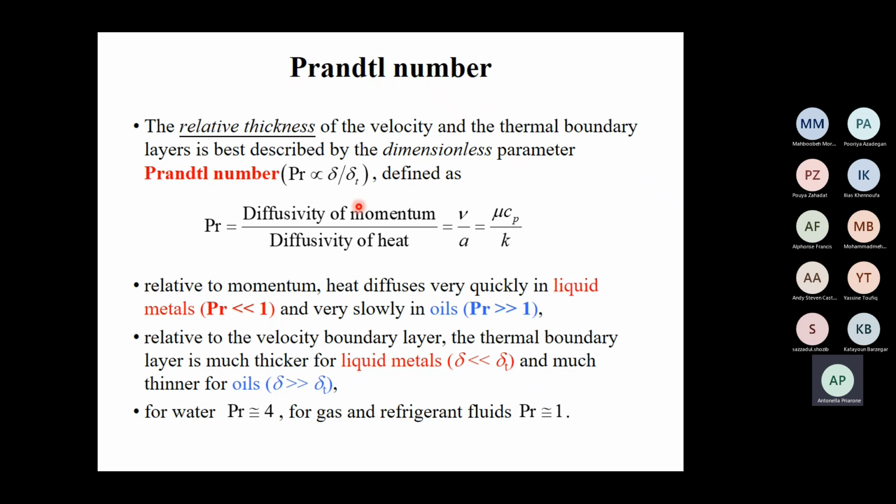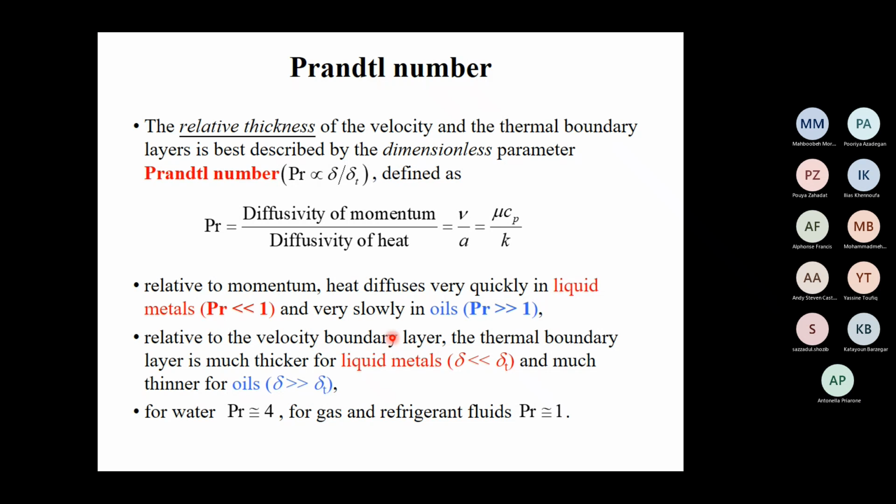If I do a sketch of the two boundary layers, I have a very thin slice for the velocity boundary layer and a thick portion of space near the plate that is the thermal boundary layer. The opposite behavior for the oil. For the oil, I have bigger diffusivity of momentum with respect to heat, so Prandtl number bigger than 1, and thickness of the velocity boundary layer much bigger than the thickness of the thermal boundary layer.